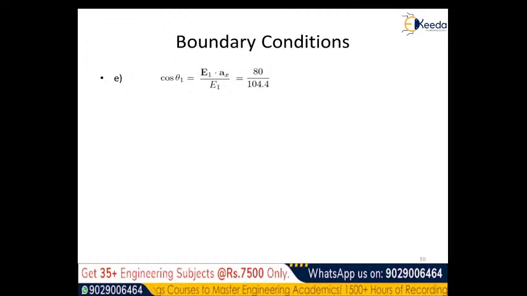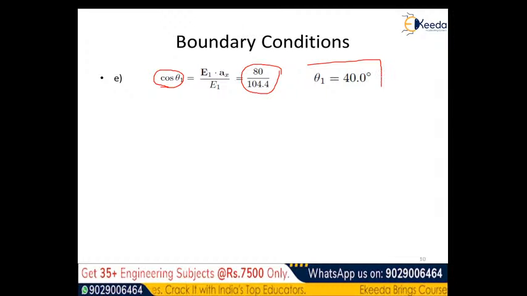From this relation, cosine of theta 1 is equal to this particular ratio, so theta 1 can be determined. We obtain theta 1 by the cosine inverse, of course you can do it on your engineering calculator, and it is equal to 40 degrees. So this is the answer for part E.